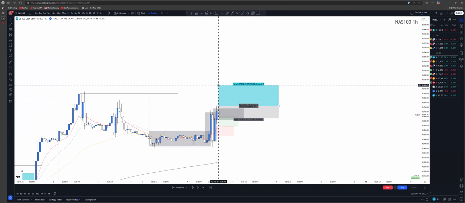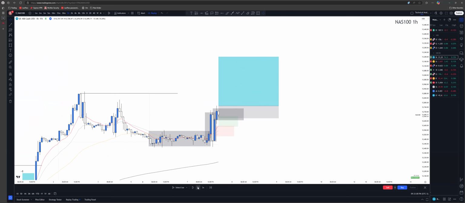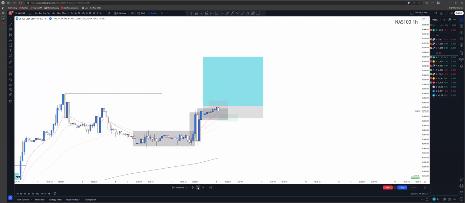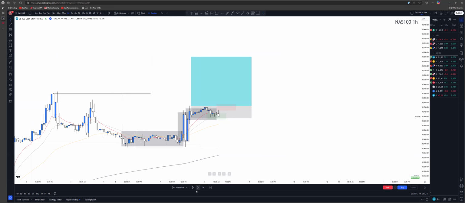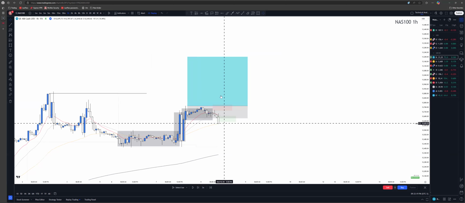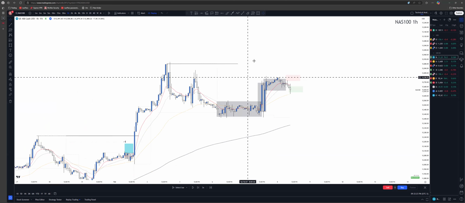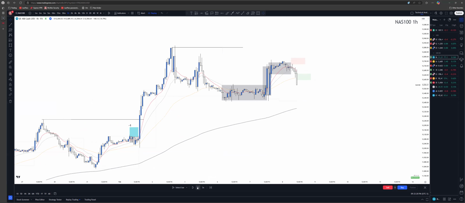Then we can go for our fifth and see if we can tap in. Okay, we don't get tapped in, so we can just wait for validation again. We can wait for another period of build up.